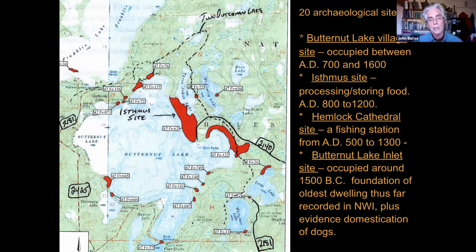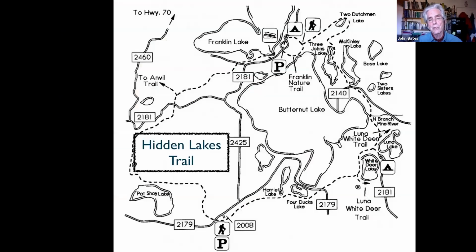Here's a 13-mile long Hidden Lakes Trail that goes all the way around Butternut Lake. It's a bunch of state natural areas in here, and that little circle up top is the Franklin Nature Trail. You can take a little circular 1-mile loop that takes you through some beautiful old growth hemlock in particular. Plum Lake Hemlock Forest near the little village of Star Lake, 747 acre state natural area.